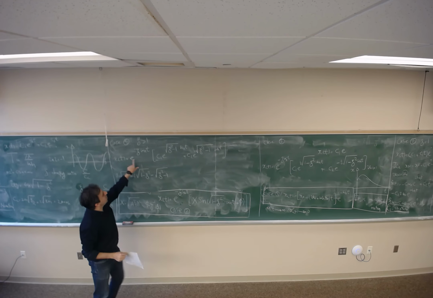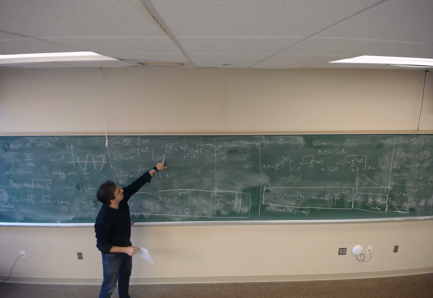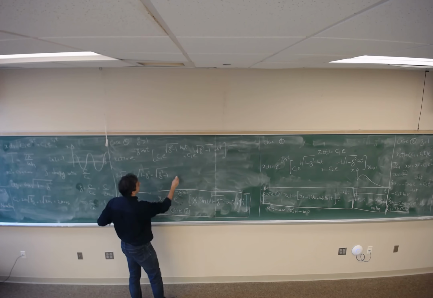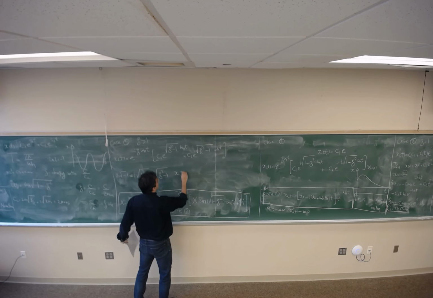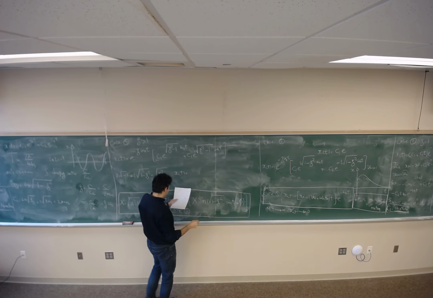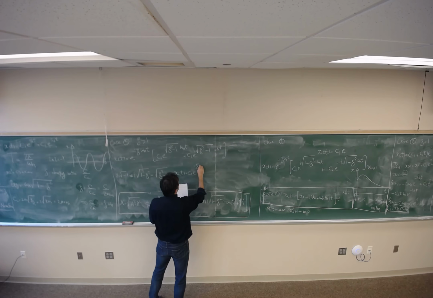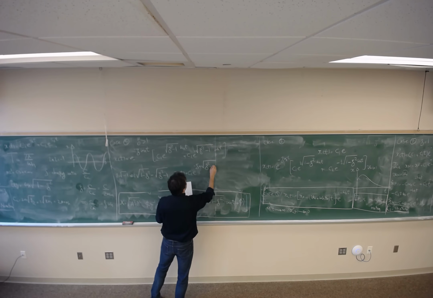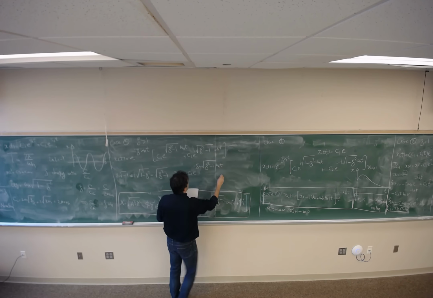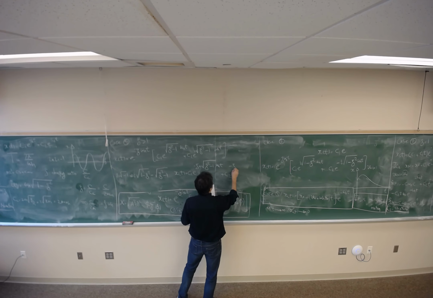If I multiply these two, e times e, I can add them up. So I'm going to get x of t equals c1 e power negative zeta plus square root of zeta square minus 1 omega n t plus c2 e power negative zeta minus square root of zeta square minus 1 omega n t.